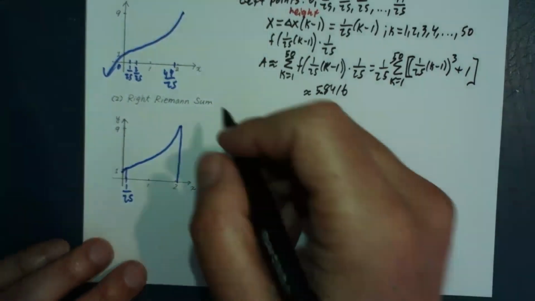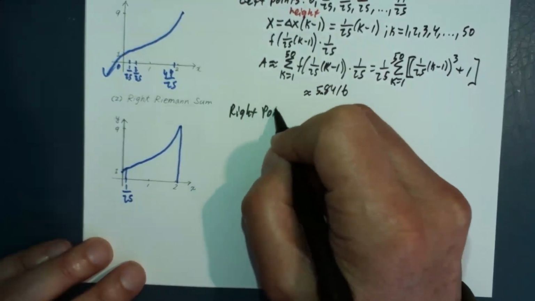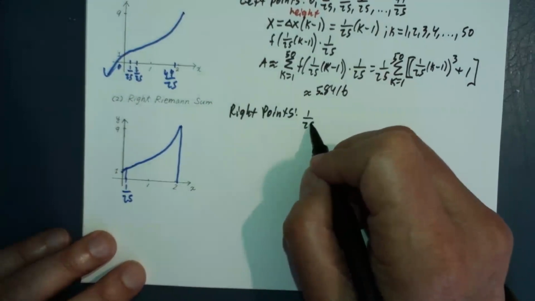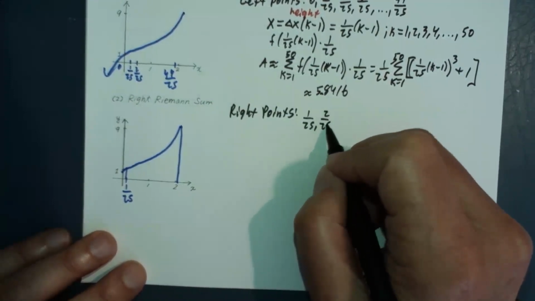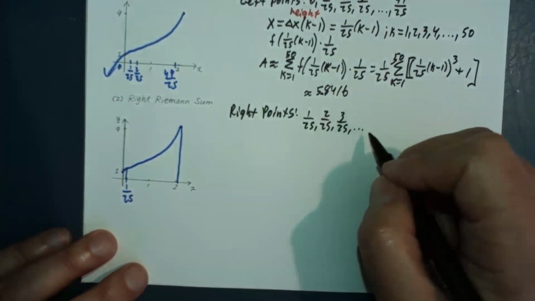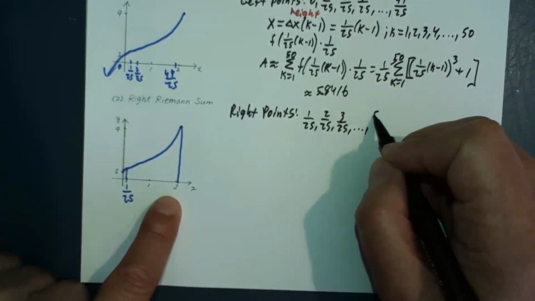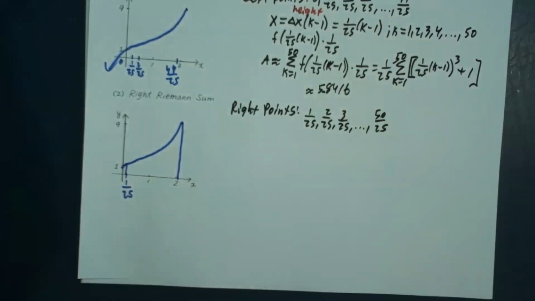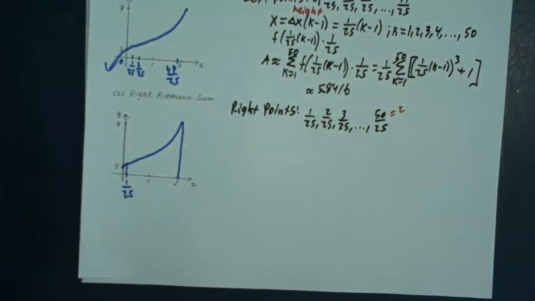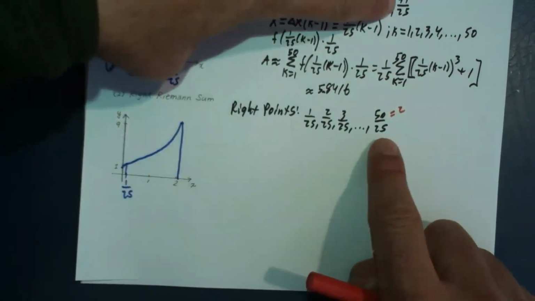And so the right points are going to be 1 over 25, 2 over 25, 3 over 25, up until 50 over 25, which is the 2. So notice we're starting just off and we're ending just off.